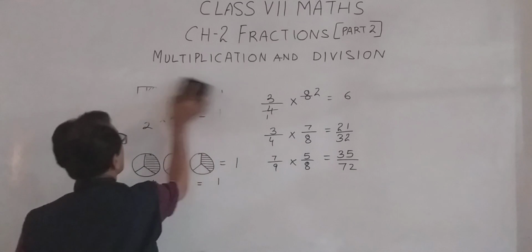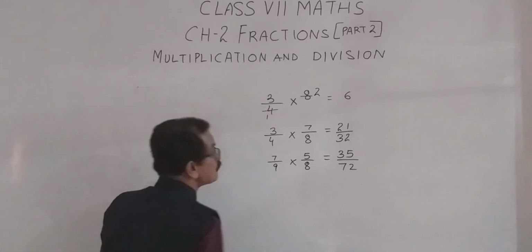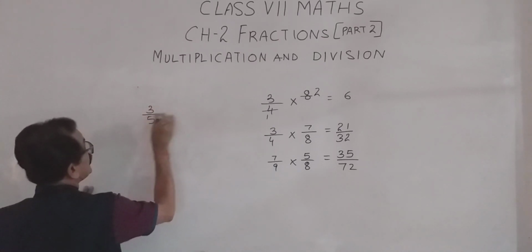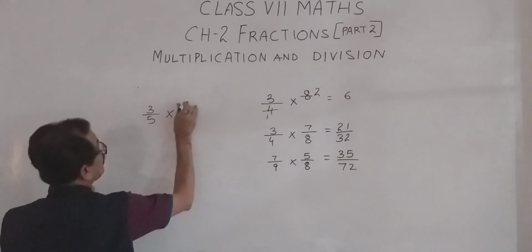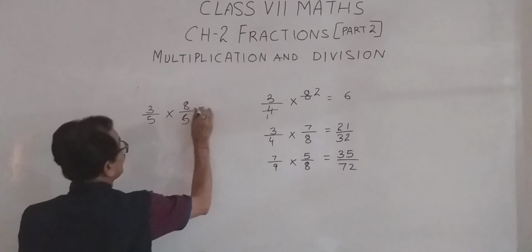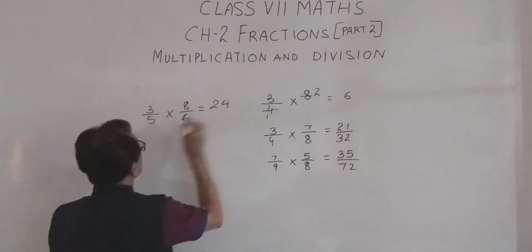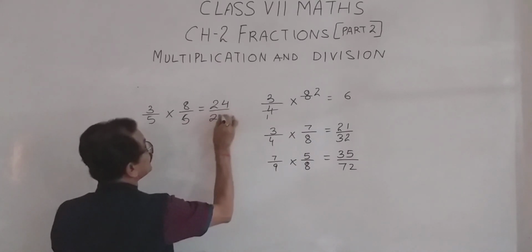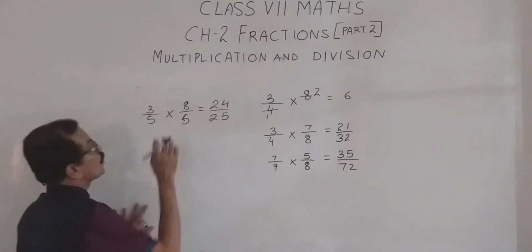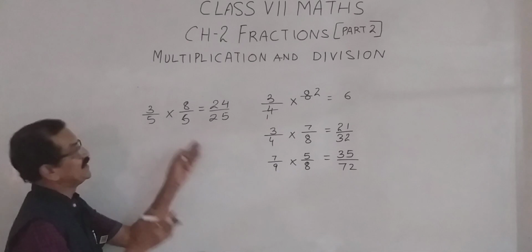However, when we are multiplying fractions and the result is more than 1, suppose we have 3 by 5 to be multiplied by 8 by 5. Now, 3 8s are 24 and 5 5s are 25. Right? So, we have a proper fraction again with us. So, we leave it at that.